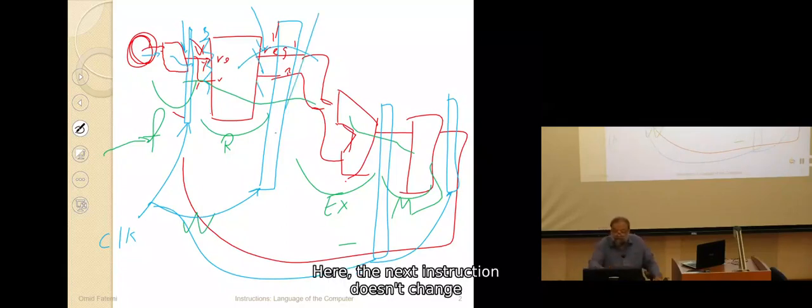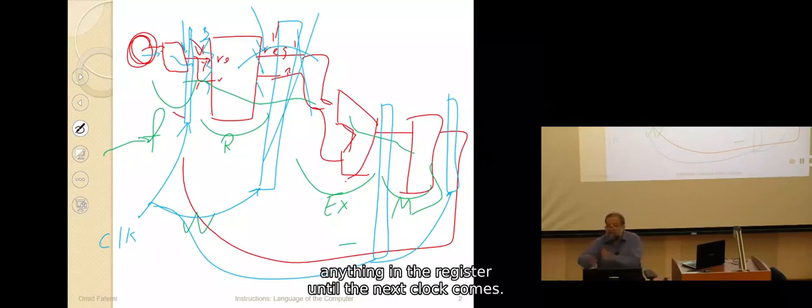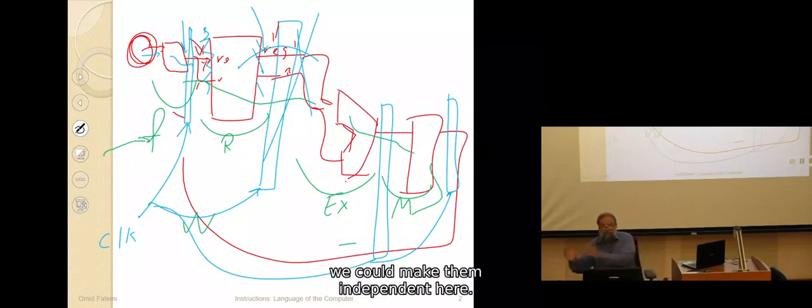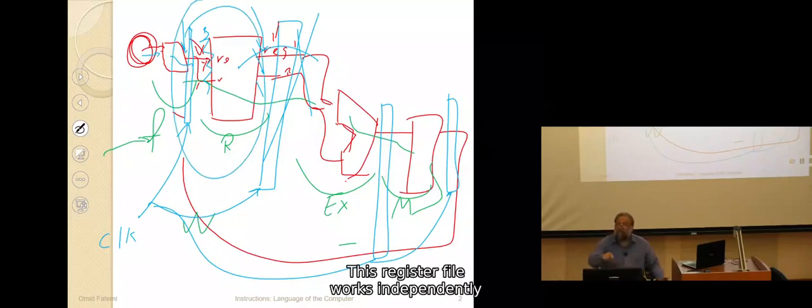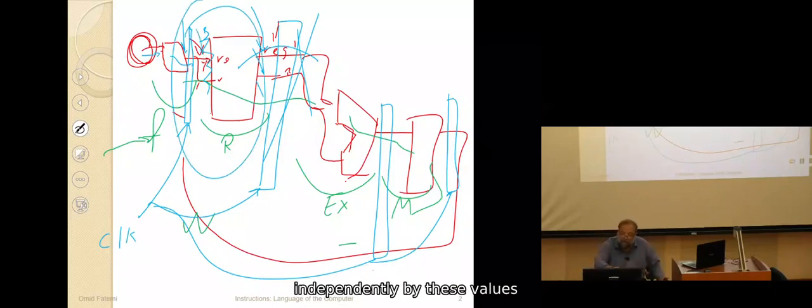And here, the next instruction doesn't change anything in register until the next clock comes. So putting these registers between the stages, we could make them independent. So here, this register file works independently by these values that came out of the registers.